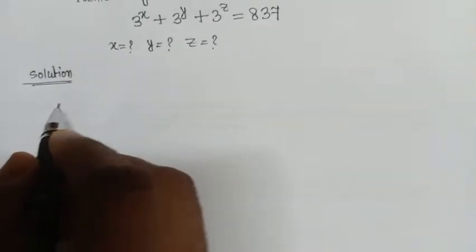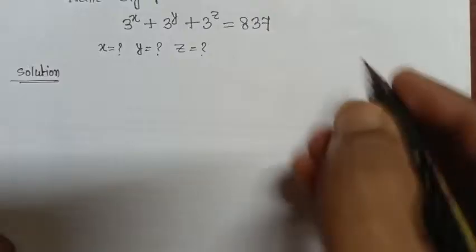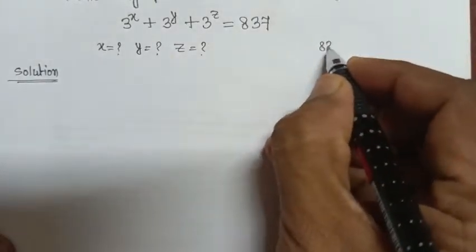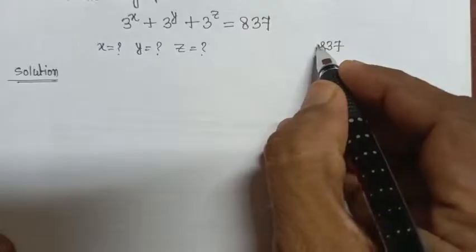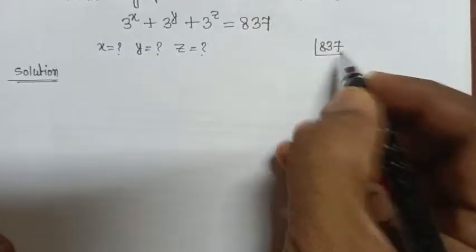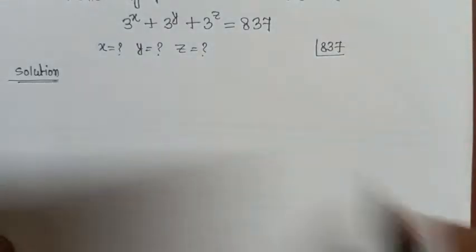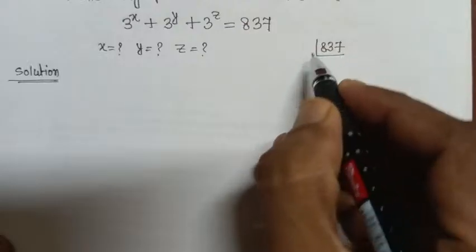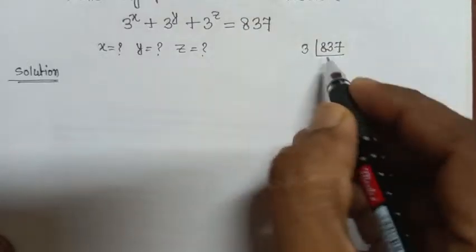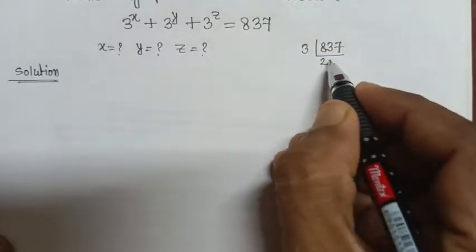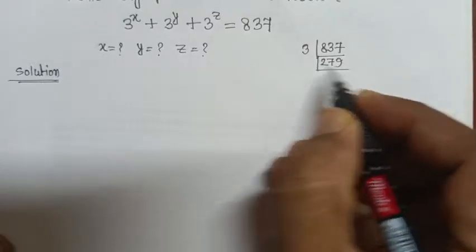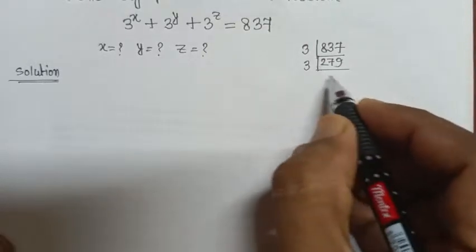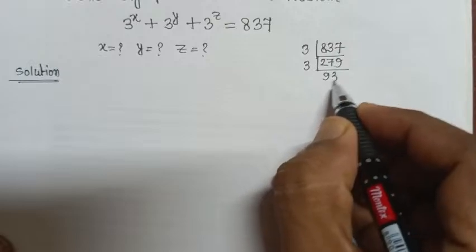So first we factorize the right hand side 837. Here we want to factorize by 3. Here we get 279. Now again by 3 we get 93.